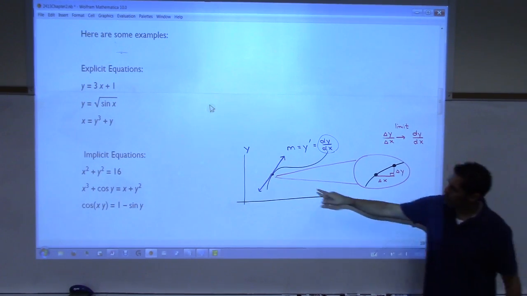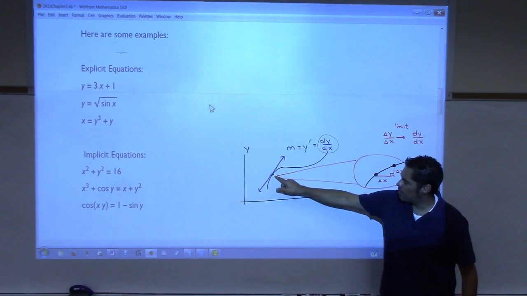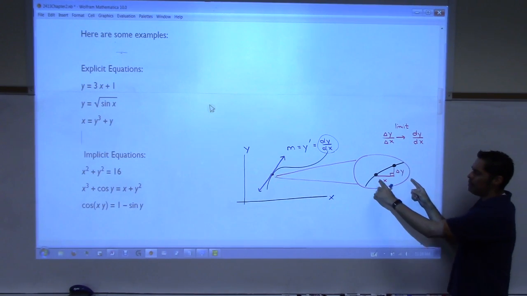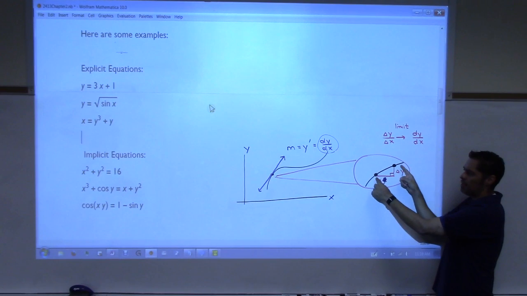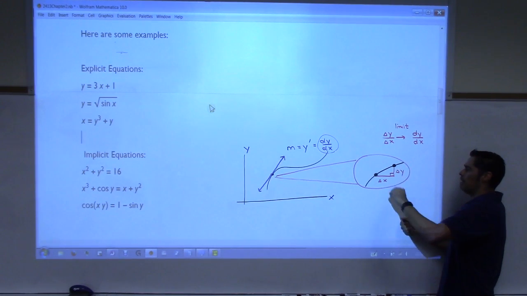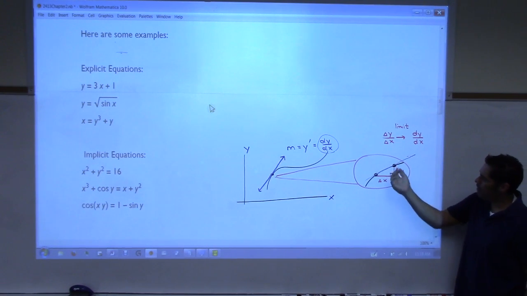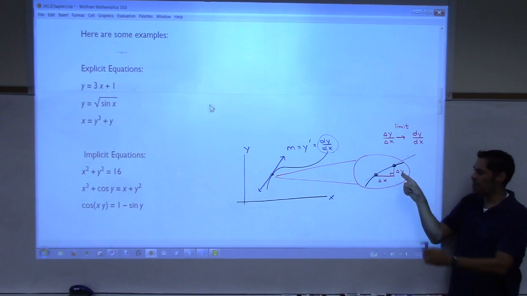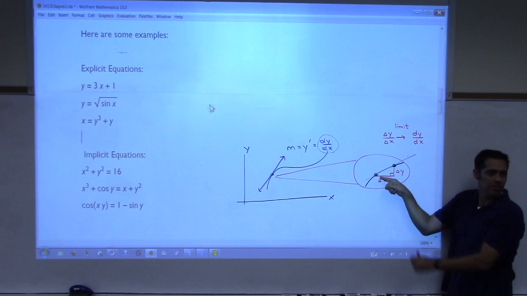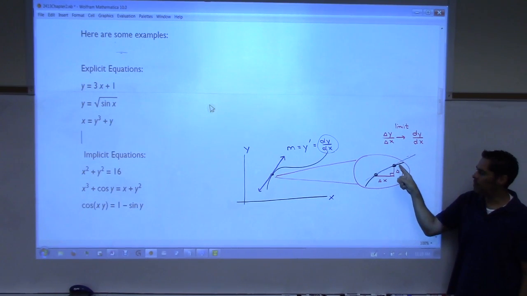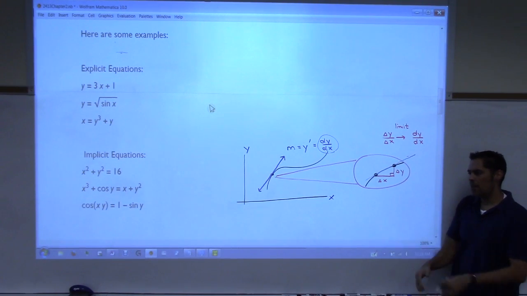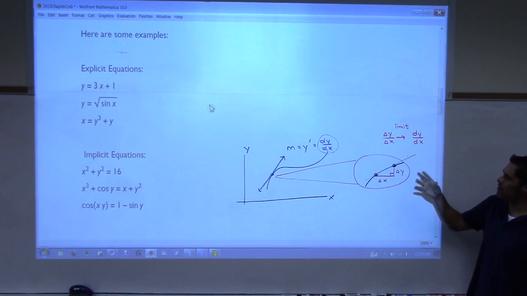So when you look at the slope of the tangent line, where it all came from was this idea of having a point, fixing it, and then taking a different point and trying to construct a triangle through there and finding the slope of that, which we call the secant line. And then we move that point closer to that point, and then eventually put it right on top. And that's how we got the derivative, right? We took a limit.